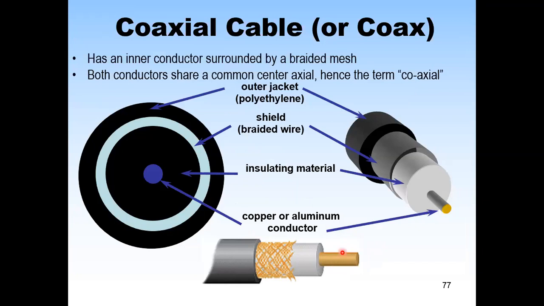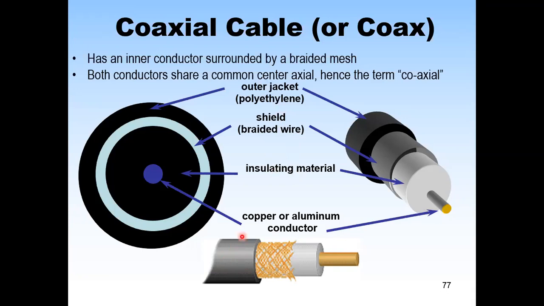You have seen this wire in your cable TV network: there is an inside copper wire, then different types of shield. So here you have a copper or aluminum conductor, then insulating material, then the shield of braided wire, and then your polythene outside jacket.